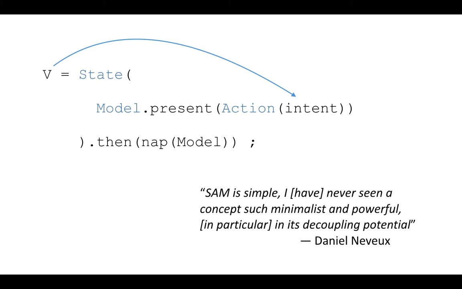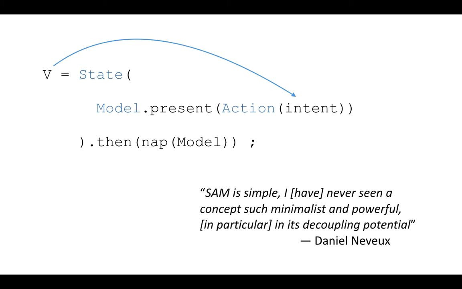It exposes only one method, which I call present, and it changes when an event or intent is issued by the user or the network, and the action creates a proposal that is presented to the model. Once the state has created the state representation, the next action predicate computes if there's a new action, and it will invoke it if necessary.